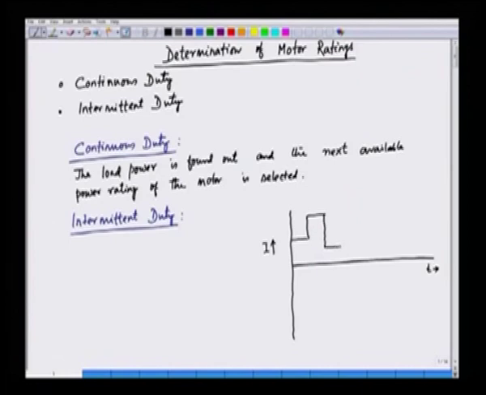It is not constant, but it is changing, and the corresponding durations are known. So, this is basically for T1, this for T2, this for T3, for T4, then T5.